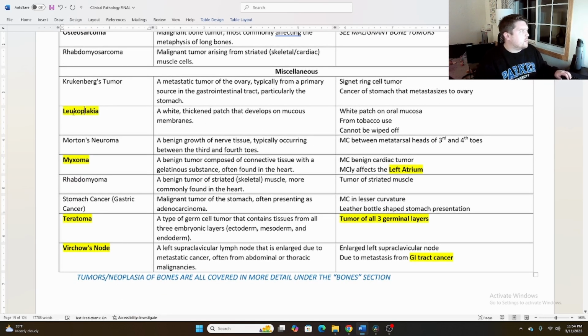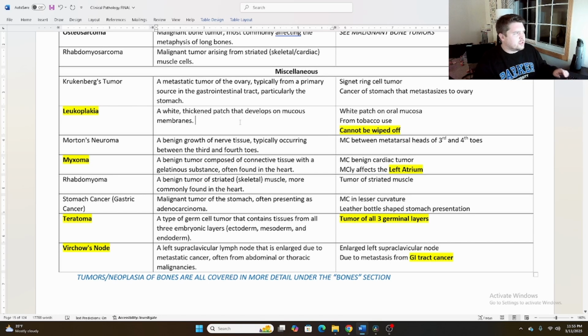leukoplakia, this will pop up here and there. Leukoplakia is a white thickened patch that develops on the mucous membrane. Specifically, it cannot be wiped off. That is what we want to make sure we understand. Leukoplakia cannot be wiped off. There is another condition that sounds very similar.